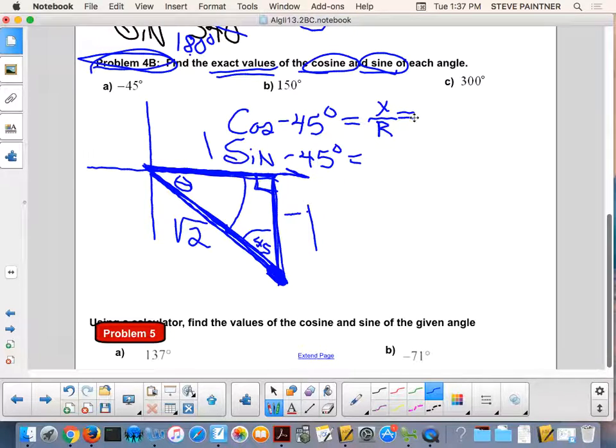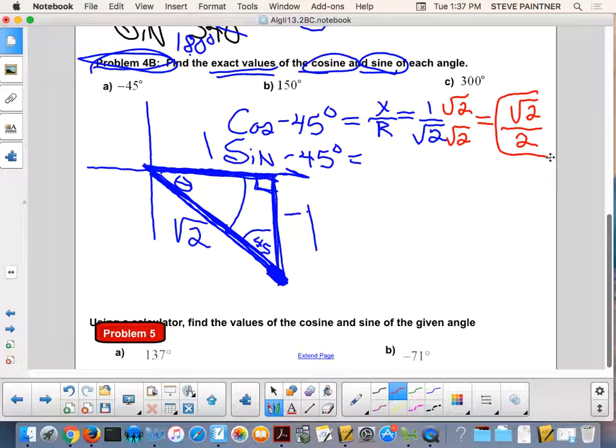Which one's the x value? 1 over the radius, square root of 2. So your answer is 1 over square root of 2. Problem with that is, can't have a radical on the bottom, so you just rationalize it and get what? Square root of 2 over 2. Yes. We now have an exact answer for cosine of negative 45.